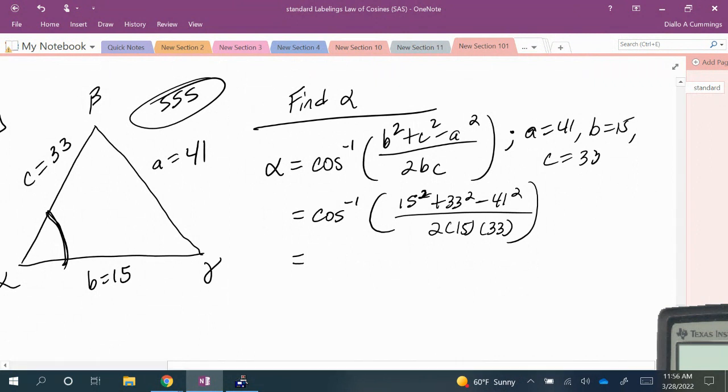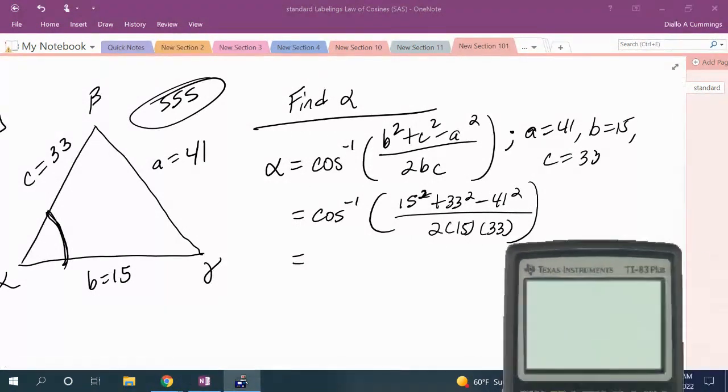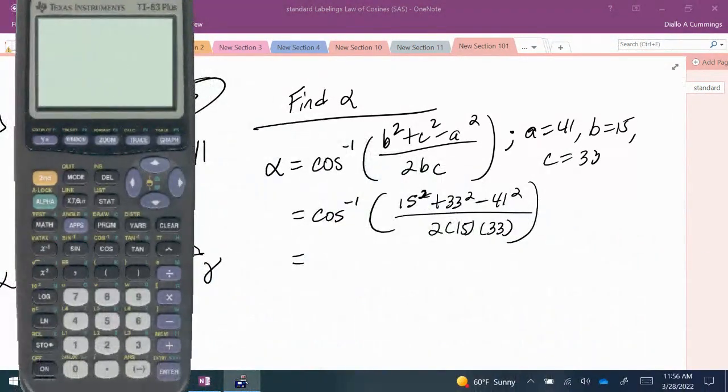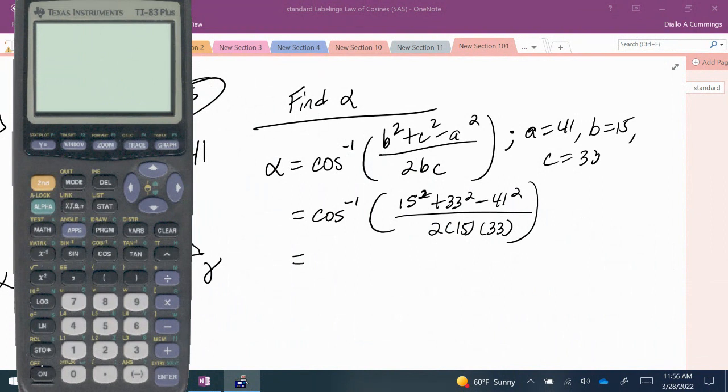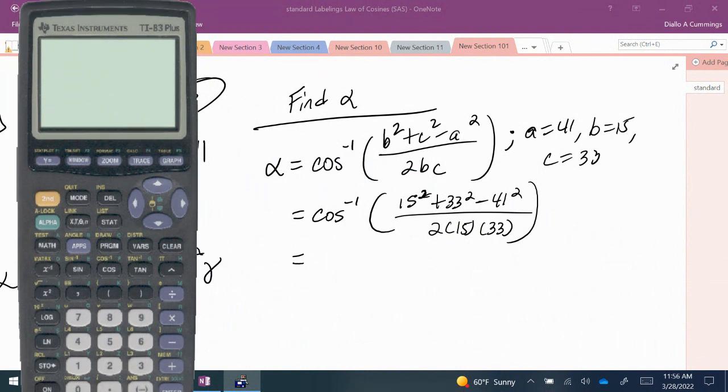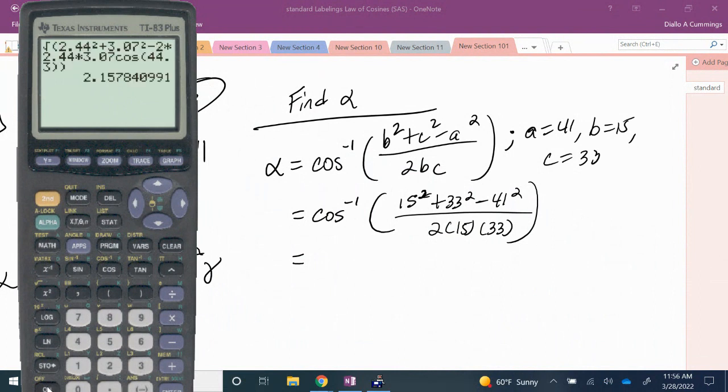And we're going to put this into the calculator. I have to flip the computer around. Well, no, I don't. I'm trying to turn on the calculator. Maybe I have to flip it around.